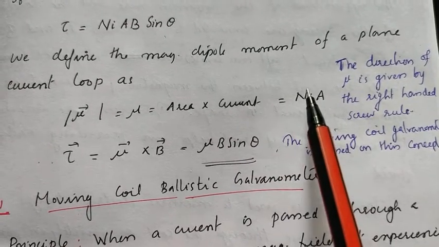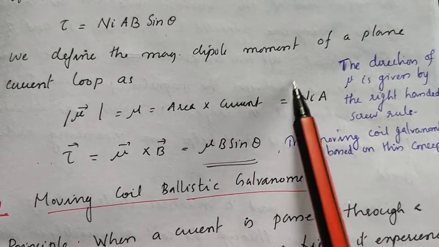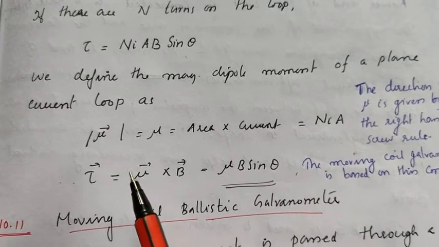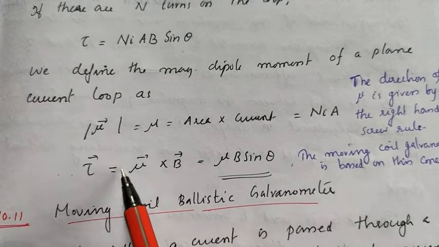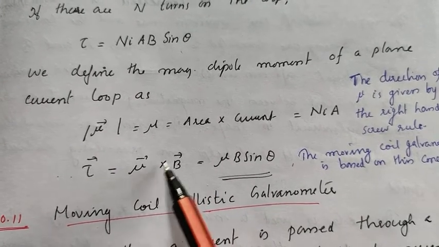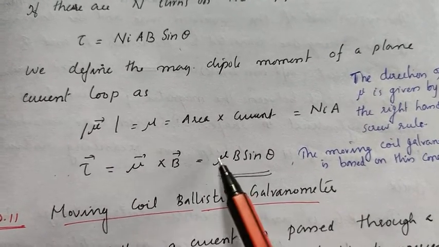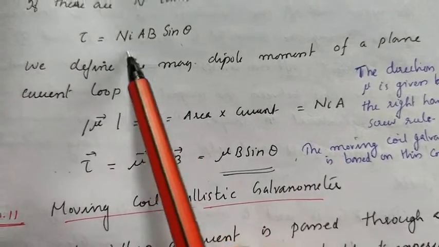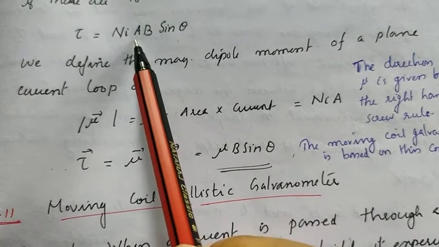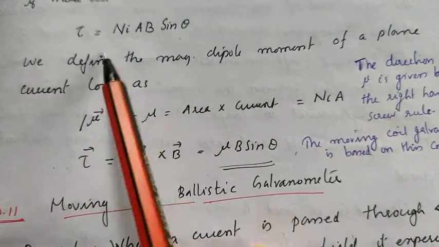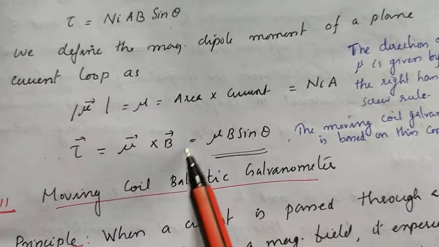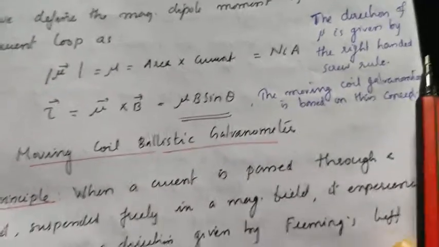This is equal to n into I into A, where n is the number of turns in the coil. So the torque can be written as mu cross B, which is equal to mu B sin theta. So here NIA is equal to mu. So we get tau as mu cross B, which is mu B sin theta.